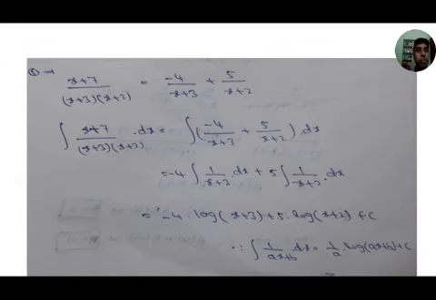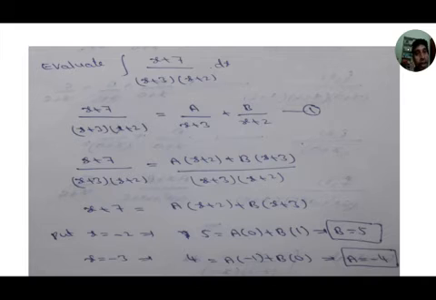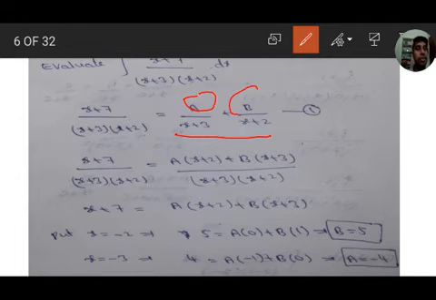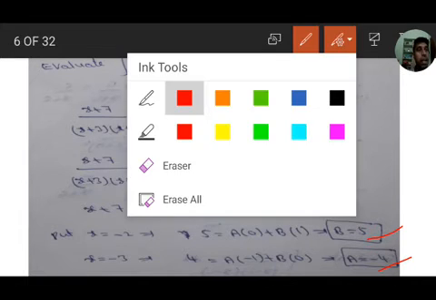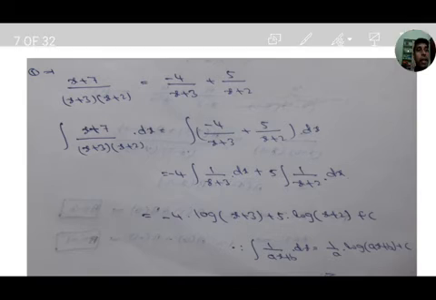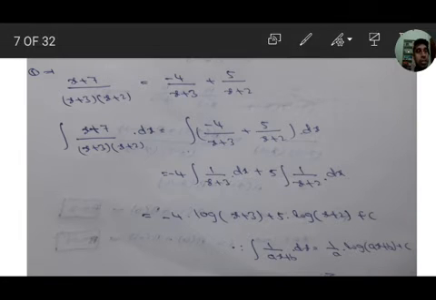We only need to first express the rational fraction f of x by g of x in partial fractions, and find out the constant values, a value, b value, and substitute these a value, b value in the same equation 1 and then integrate, we get the final answer.